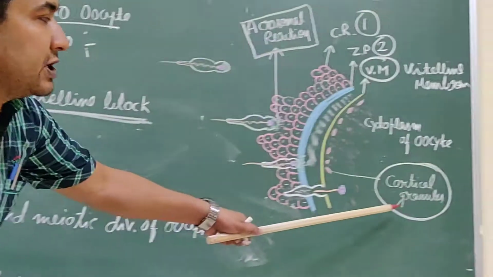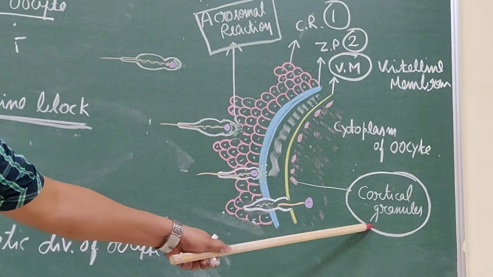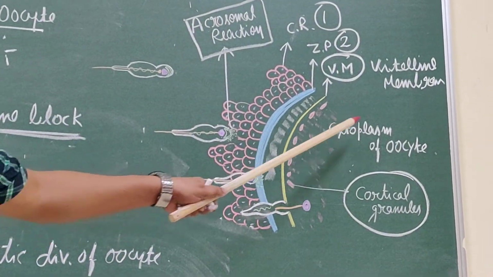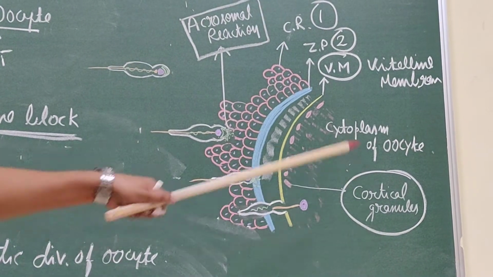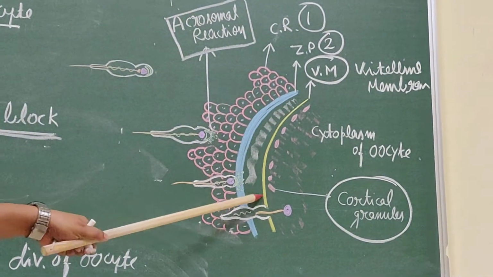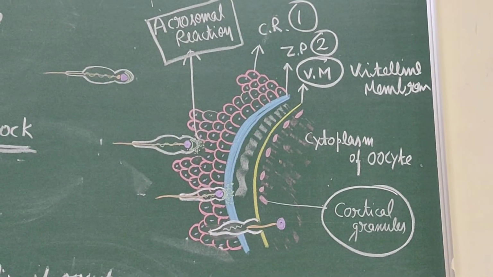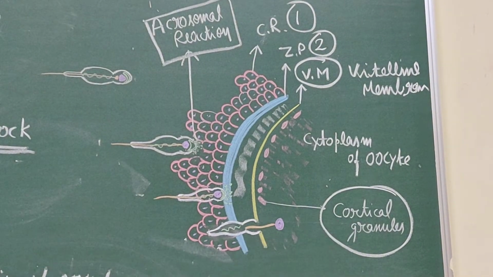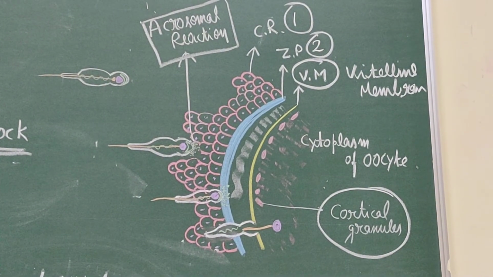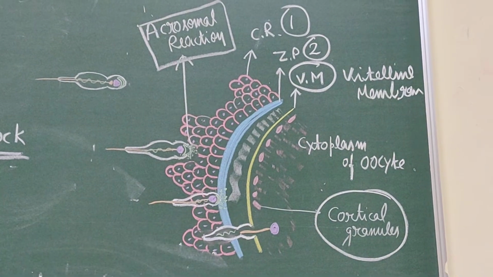These cortical granules are present in the cytoplasm of the oocyte near the vitelline membrane. These granules degrade and release the enzymes.